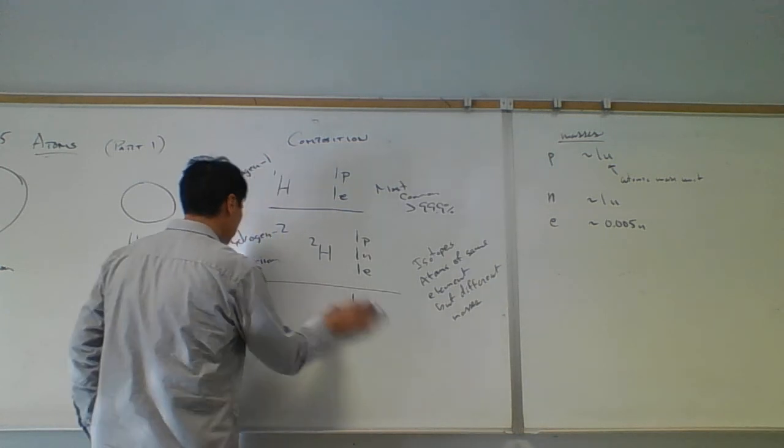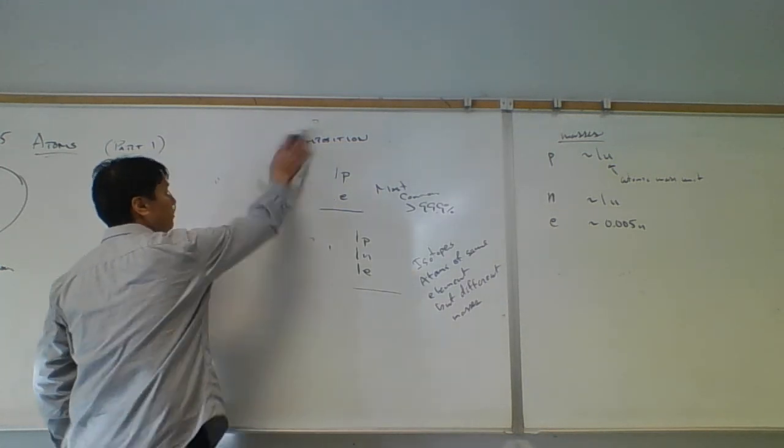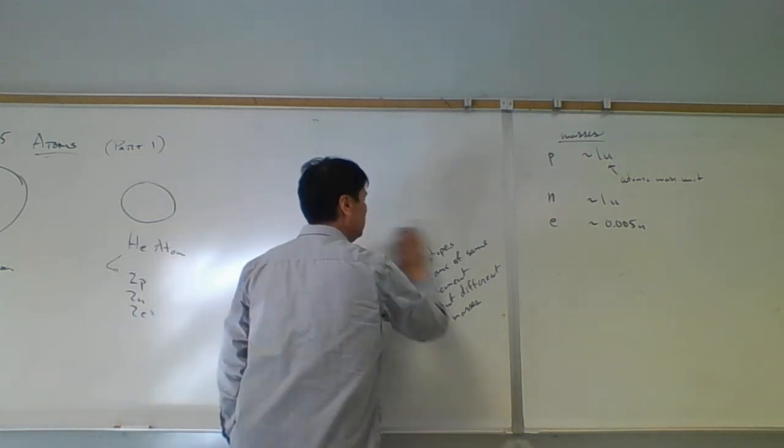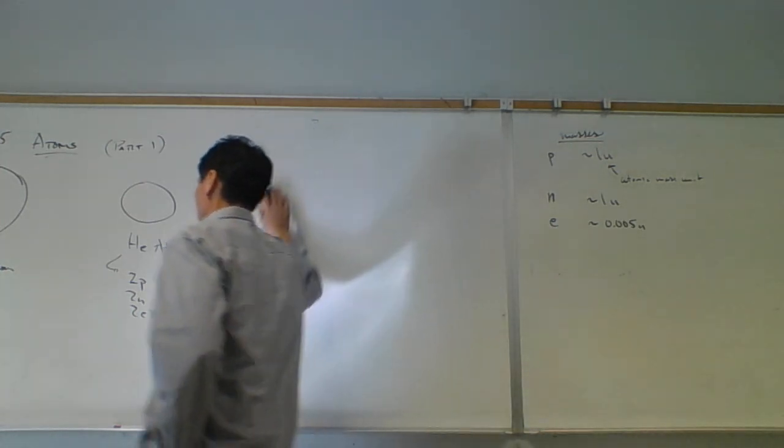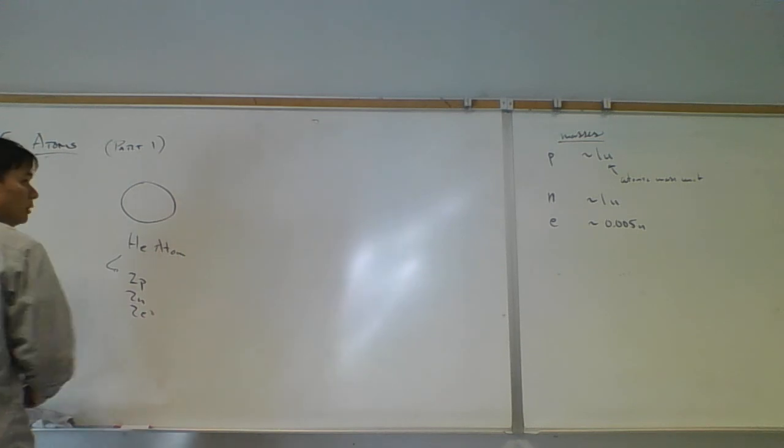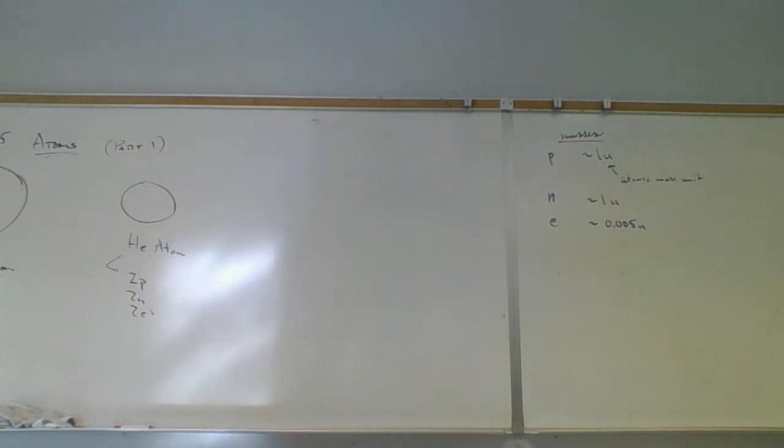All right, so what we're going to look at first is this. Now, how did they figure out the composition of the atoms here? How was it determined? I mean, how did you know that hydrogen has 3 types of atoms that are found in nature?